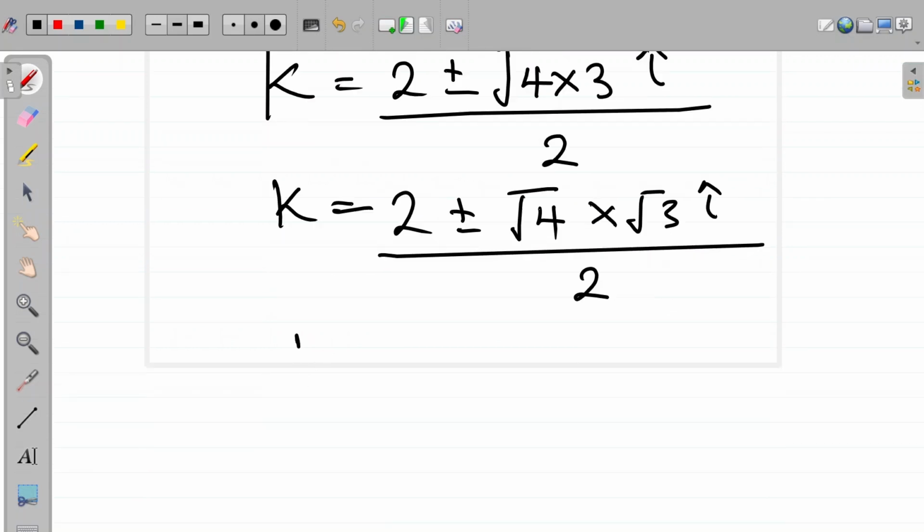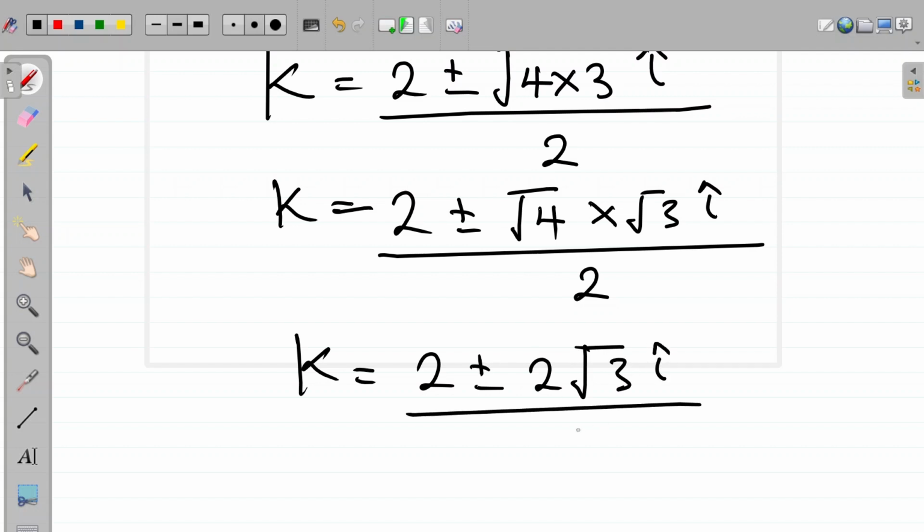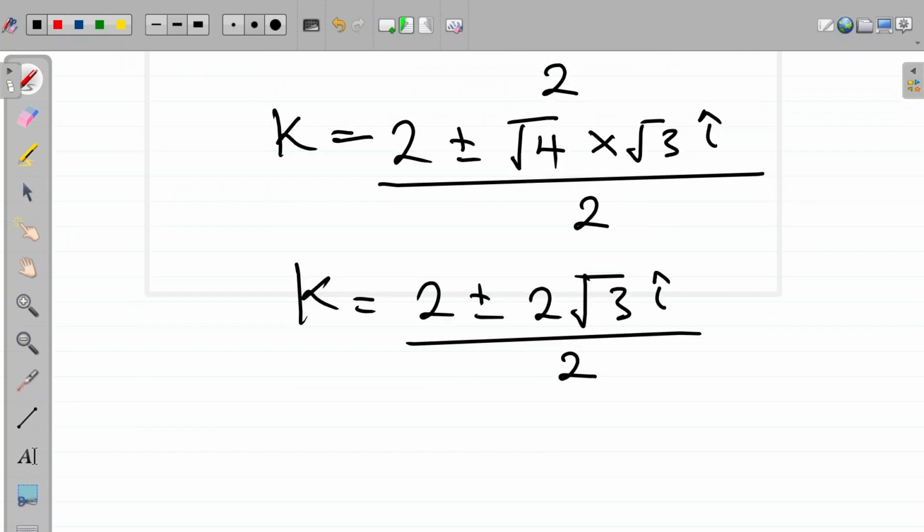So we can write that k is equal to 2 plus or minus root of 4 is 2 multiplied by root 3 i divided by 2. Now at this point, we can factorize 2.